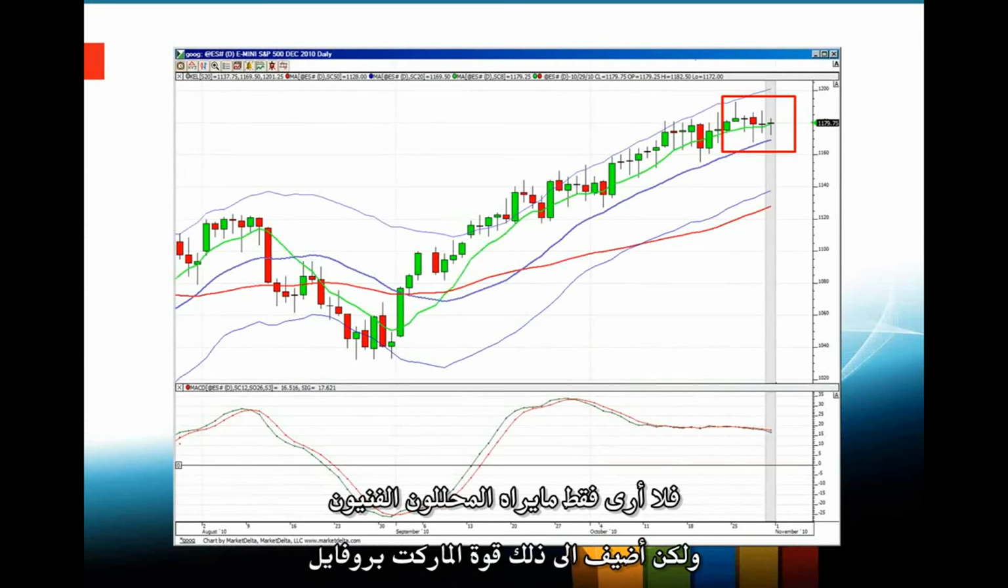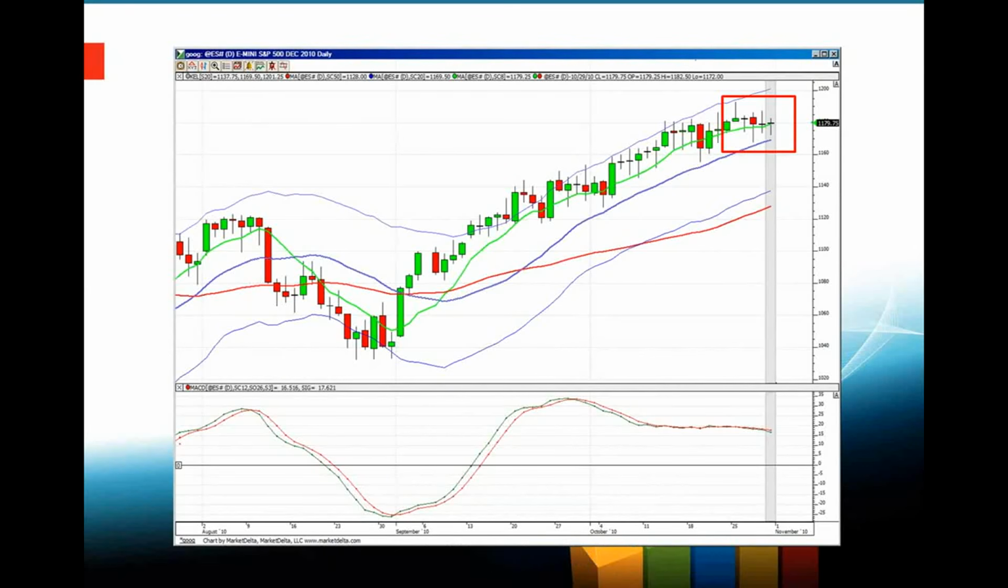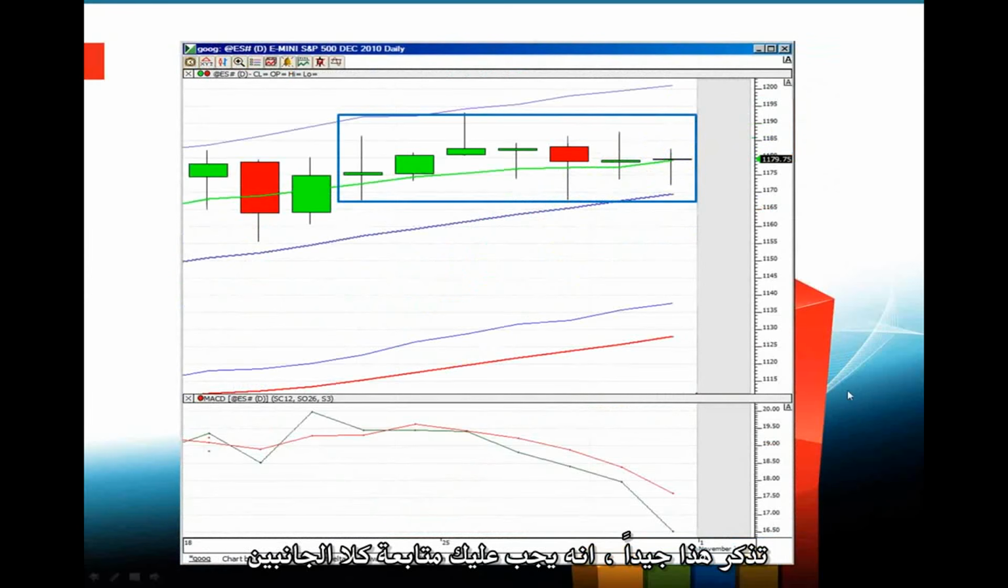Not only am I able to see everything that every technical analyst out there is able to see, but I'm also able to add onto that the power of the profile and the key analytical pieces that the profile gives me. So always keep that in mind. You always want to look at both pictures.